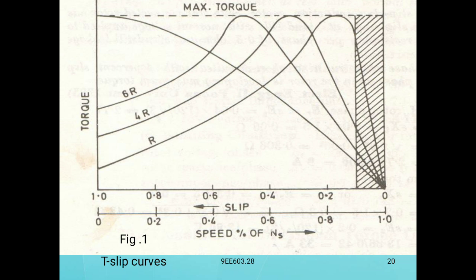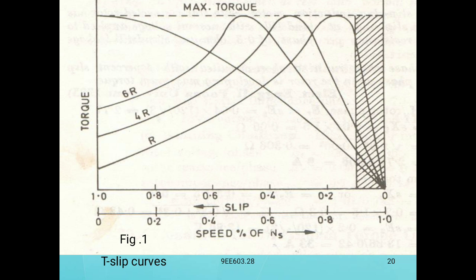Here, what we observed in this case is that by adding resistance, the starting torque increases, but the maximum torque is constant for all resistances. So this is very important. If we want a high starting torque, then we should connect resistance in the rotor circuit. Then we will improve the starting torque.